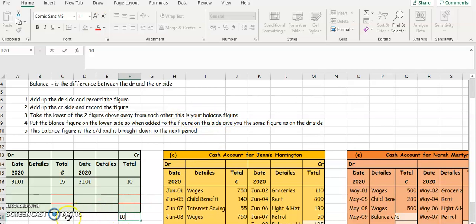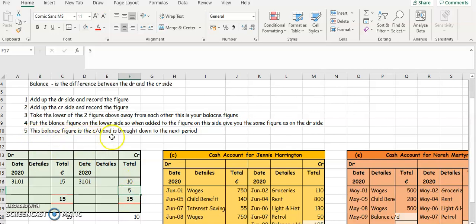So we take 10 away from 15, and we're going to put the balancing figure in here. Put the balancing figure on the lower side, so 10 is the lower side. And we're going to add the figure on this side, so it gives you the same figure that's on the debit side. If we add 10 and 5 together, we get 15. And we've got 15, so we know that this 5 is our balancing figure.